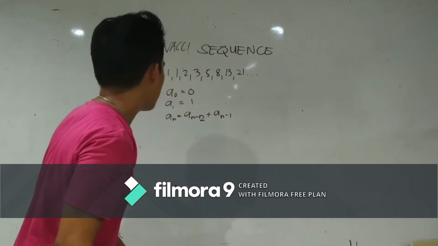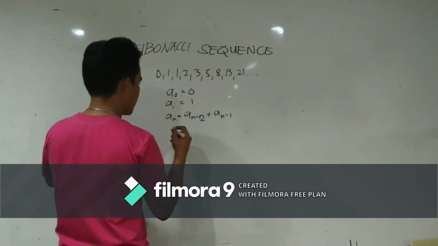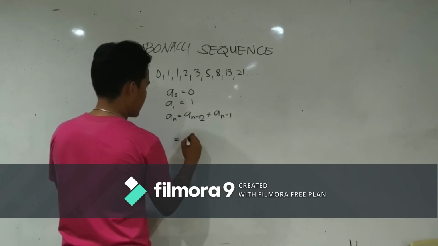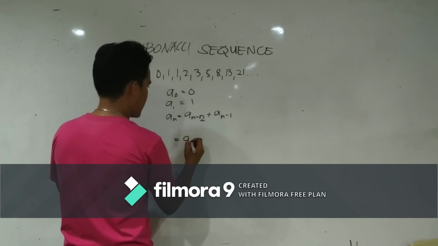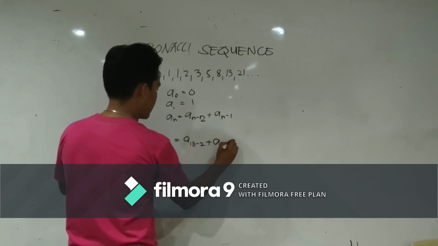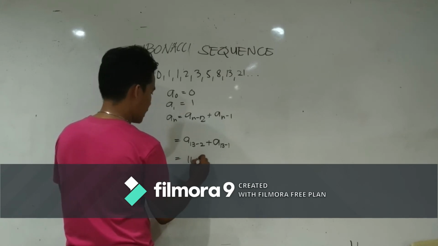For example, we have the 13th term, so a sub 13 minus 2 plus a sub 13 minus 1. 13 minus 2 is 11, plus 13 minus 1 is 12.